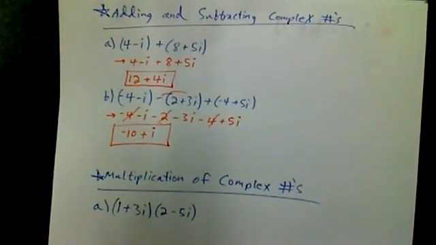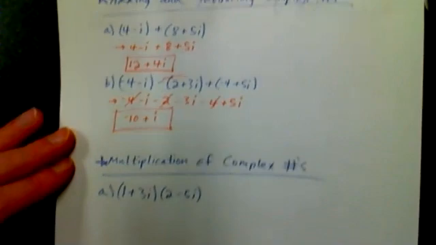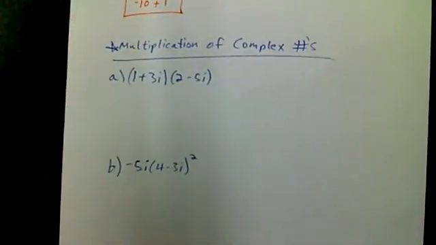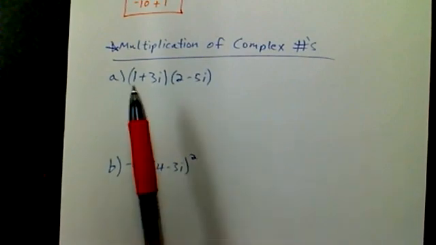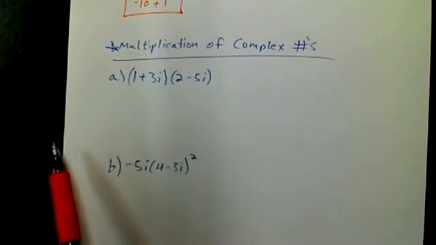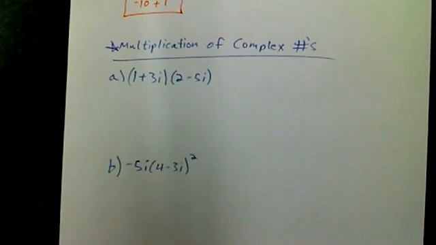Okay. All right, adding and subtracting seems easy enough, so why don't we try multiplication? Now, when you look at this, hopefully you're thinking, oh yeah, multiplying polynomials. Usually the common way people do it is they think, oh, FOIL, in a case like this. And that's exactly what I'm going to do. And I'm going to treat the i just like it's a variable, just like it's an x, until the end, then I'll adjust from there.